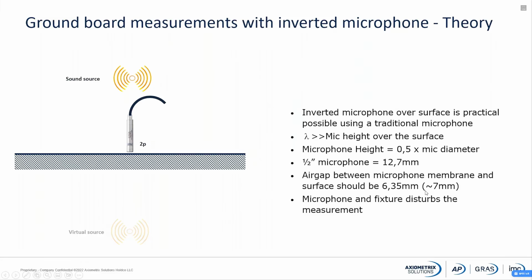So in the standard, it is written 7 millimeter for a half-inch microphone. And then, of course, you still have a problem because you're putting the microphone in the sound field, and you're also having a fixture on the side in the sound field here. And therefore, I'm going to try to show you what sort of advantages and disadvantages there are with this setup.